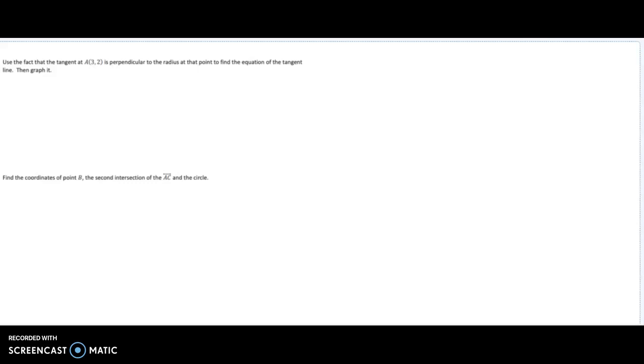Use the fact that the tangent at A (3, 2) is perpendicular to the radius at the point to find the equation of the tangent line. So what we're going to do here, we're going to find the differences.